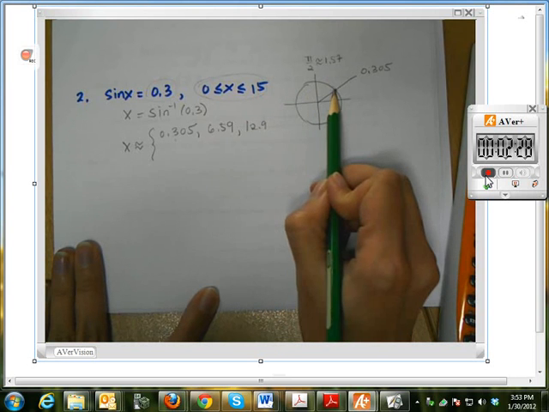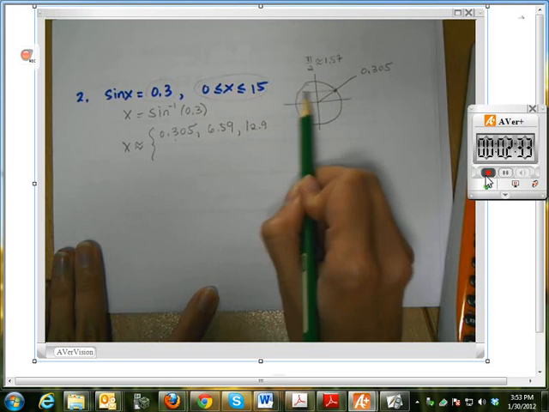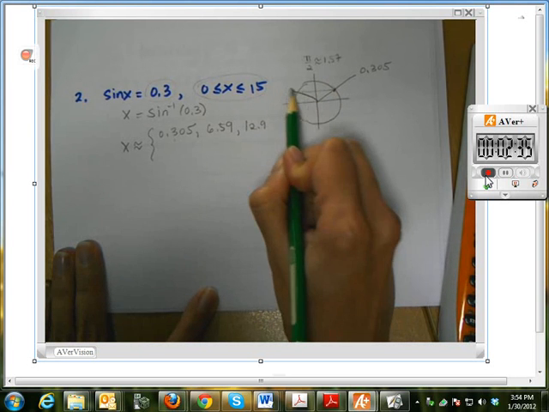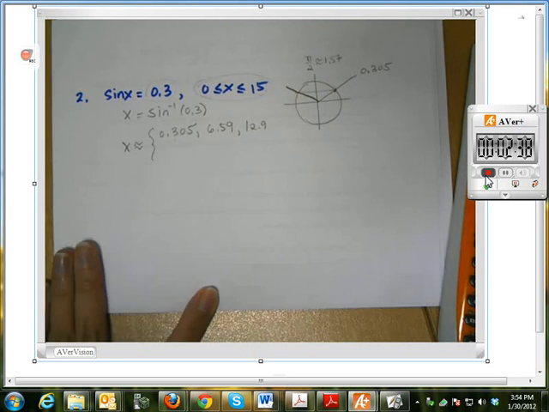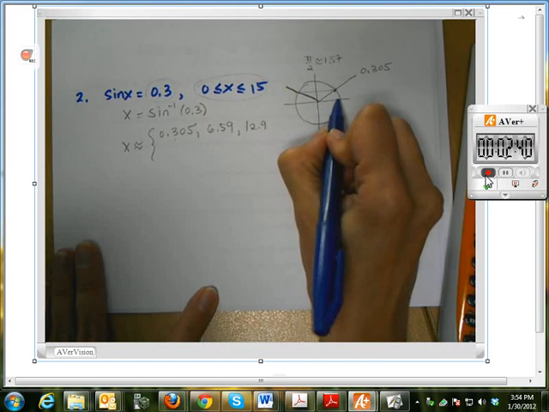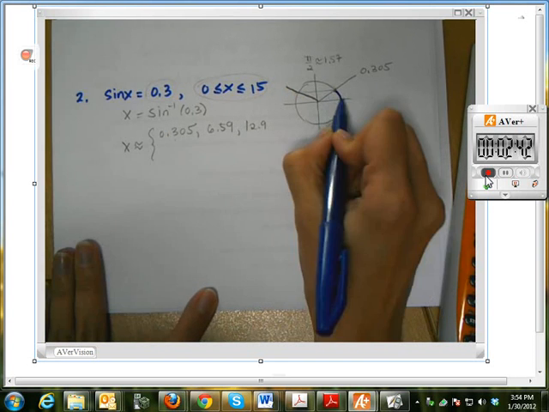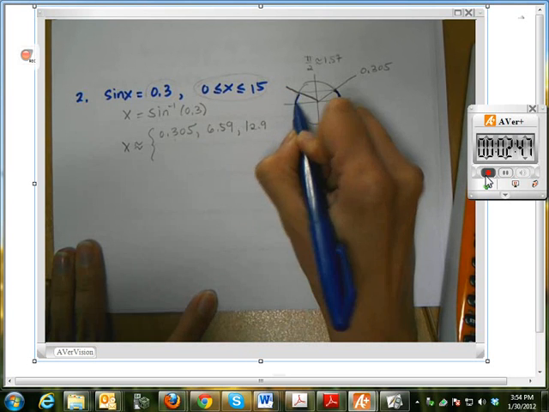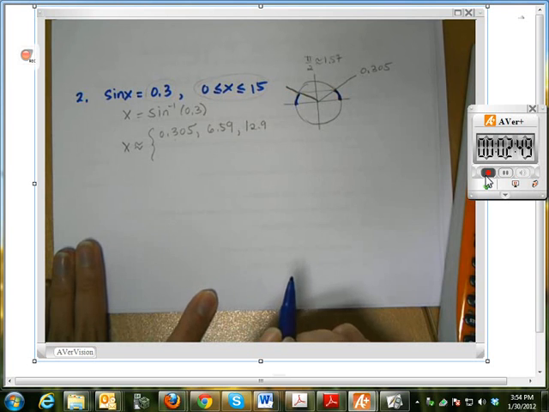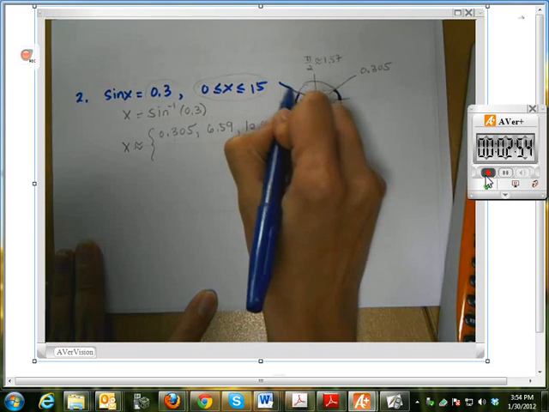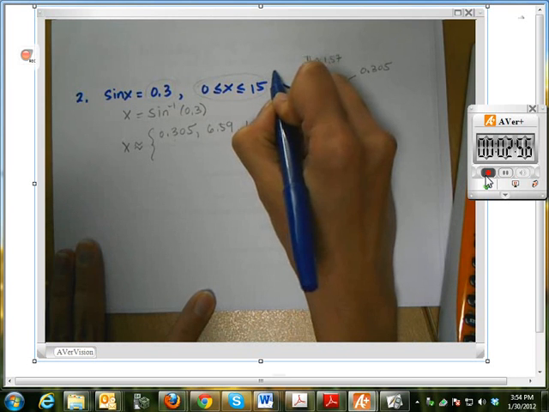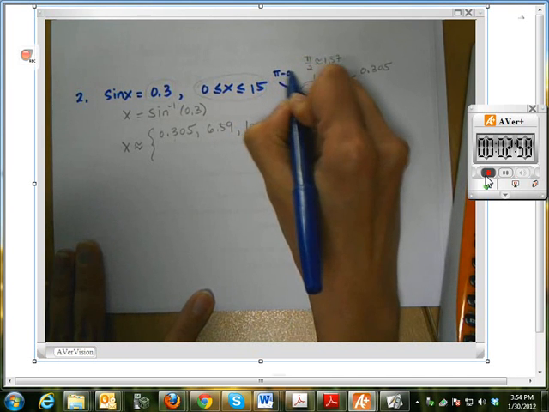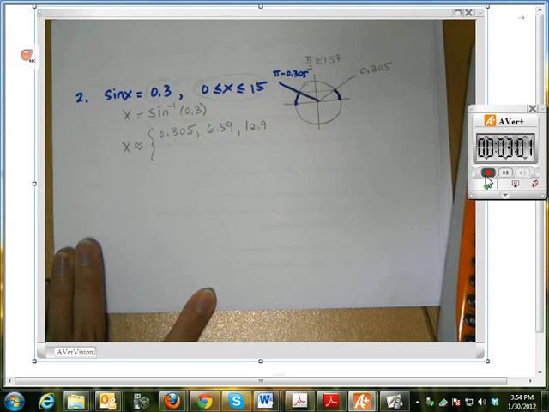Now, there's another value in my unit circle, just like before, that has the same sine value, and that means it has the same height. So it's just over here. And I believe when we left class, I was explaining to you that if this amount corresponds to 0.305 radians, then this amount must also correspond to 0.305 radians, which means that this line right here has to be pi minus 0.305.